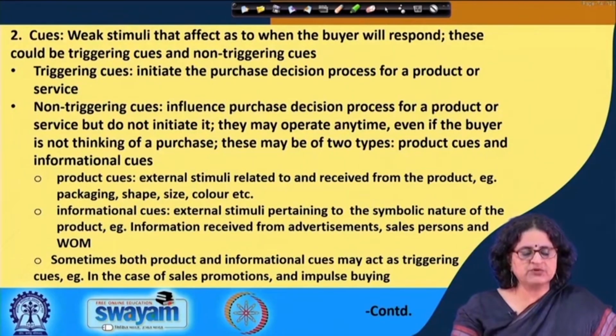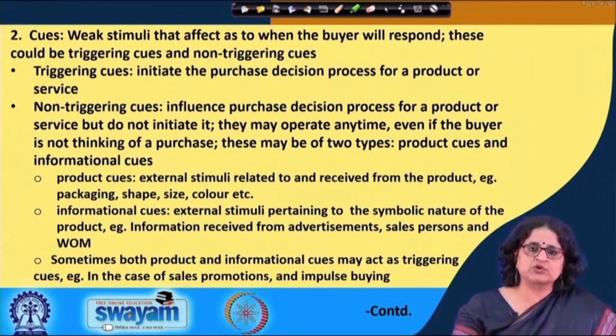The second kind of cues which we have are the informational cues. Now, informational cues are external stimuli pertaining to the symbolic nature of the product. They are again external stimuli, but they do not pertain to the product as such or the product features or attributes. On the other hand, they pertain to the symbolic nature of the product.